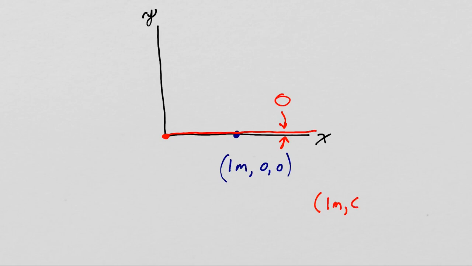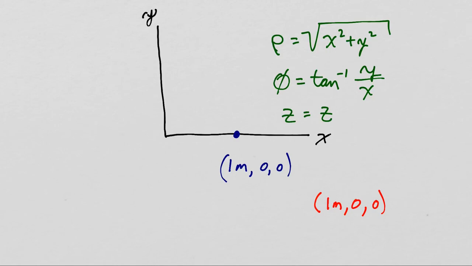So our second component, the value of phi, is 0. And in Cartesian coordinates and cylindrical coordinates, the z component is the same. So here is our representation of this point in cylindrical coordinates.